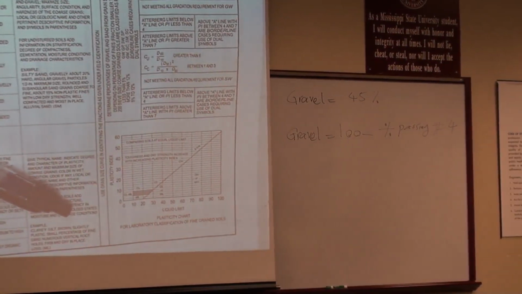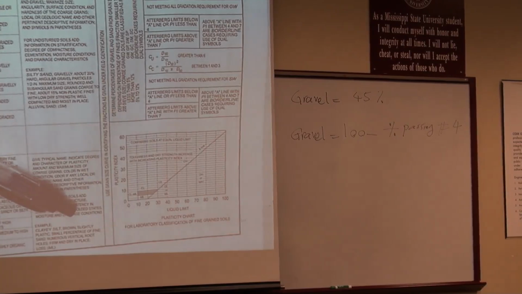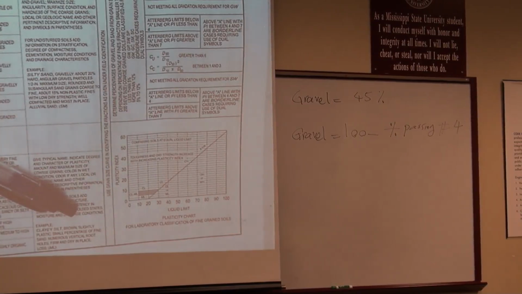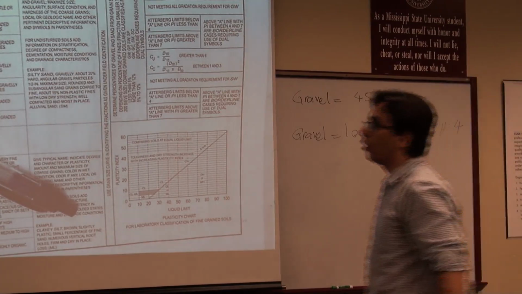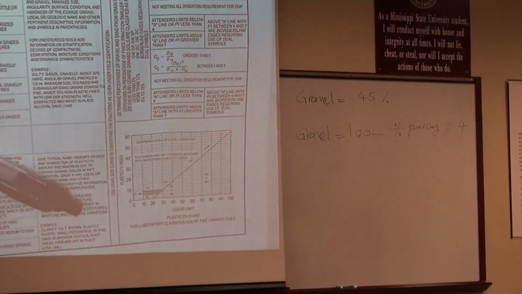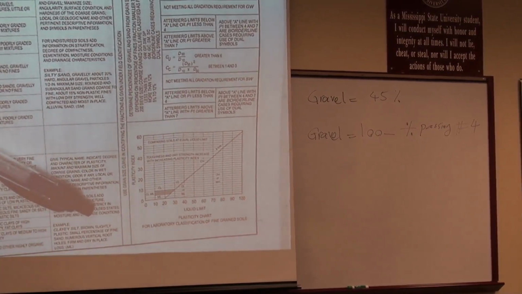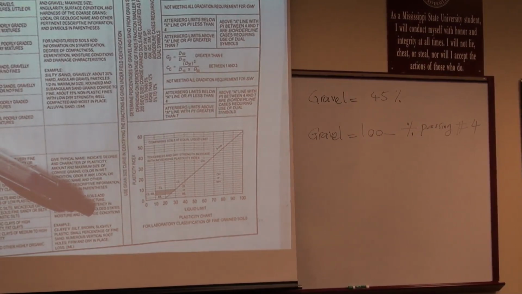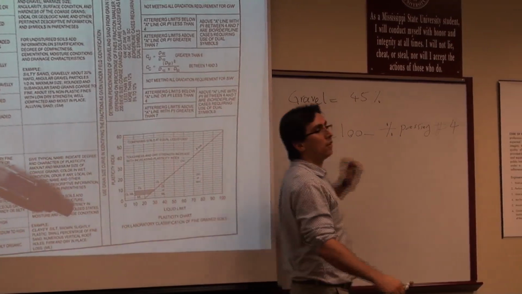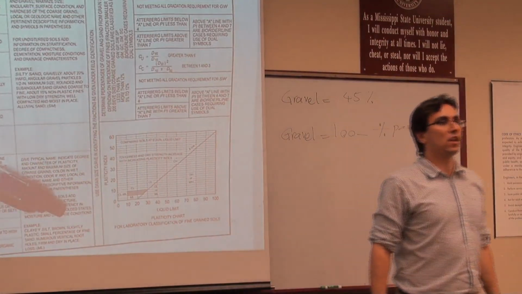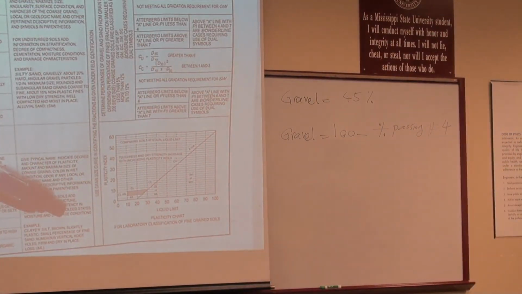The fine portion includes clay and silt, but we have to use the Atterberg test result to figure out the portion of silt and the portion of clay. All we can say from sieve analysis is how much sand we have, which is passing from 4 minus passing from 200. It gives you the percentage of sand. And for gravel, anything retained on sieve number 4 is gravel.